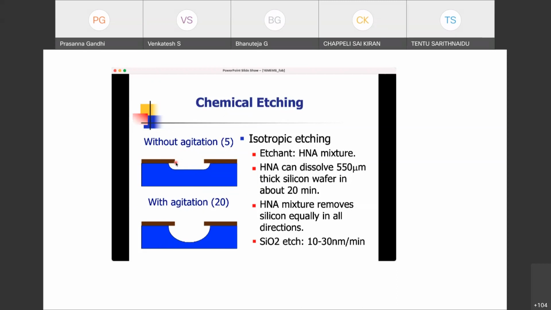Those are the gory details of the process and process optimization to get these features transferred in a desired way. And people have to do this process optimization for every single step in the processing of a wafer, to make sure that things are done in the desired way.